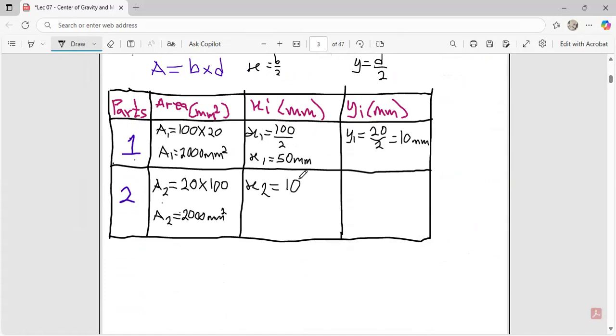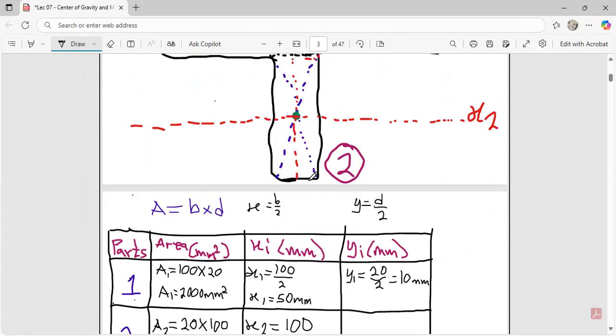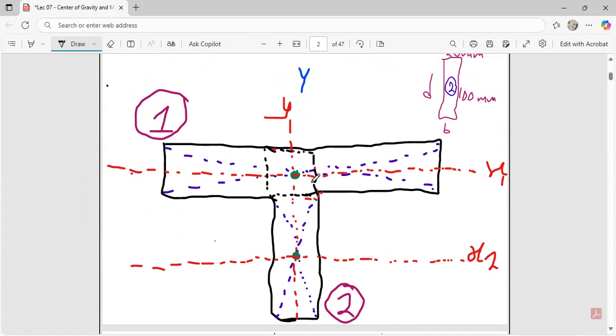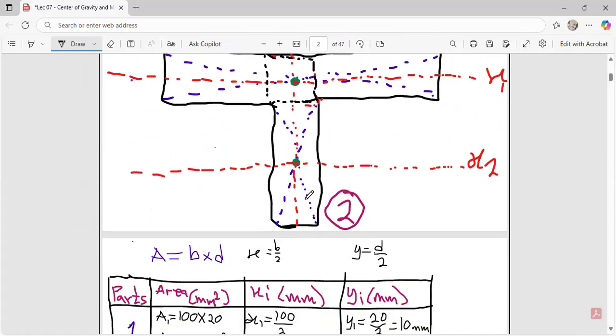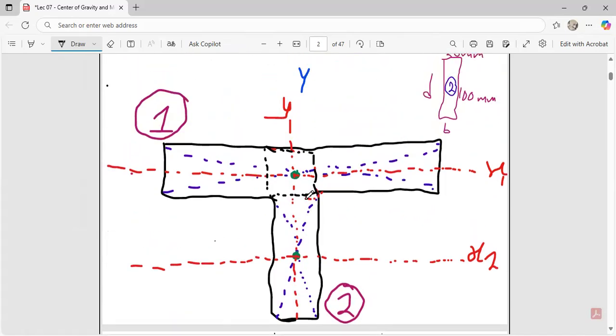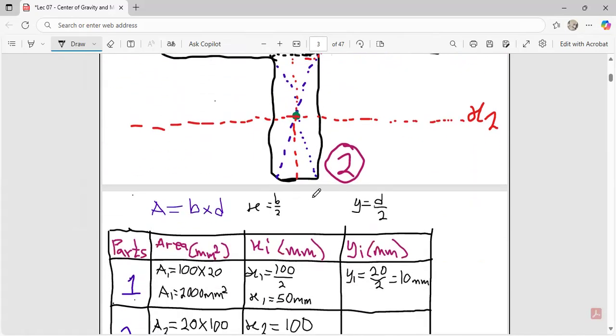If their center of gravities had not intersected, then the x2 would have become 20 divided by 2.